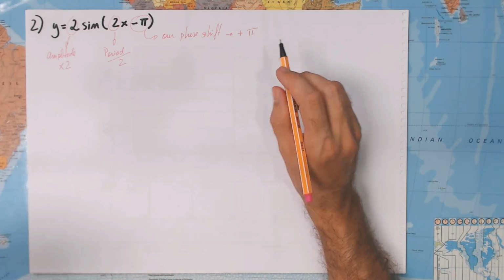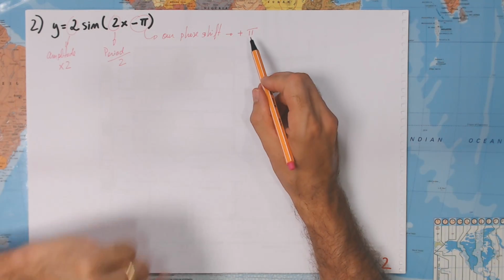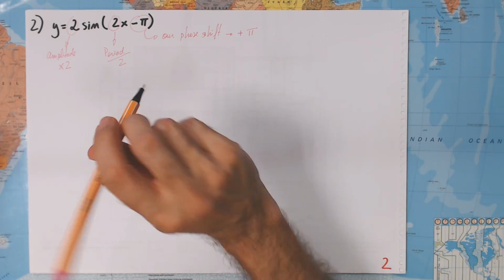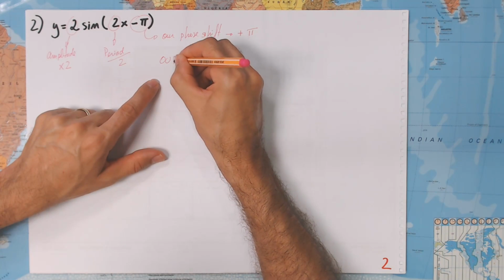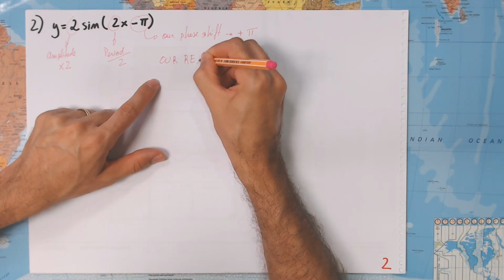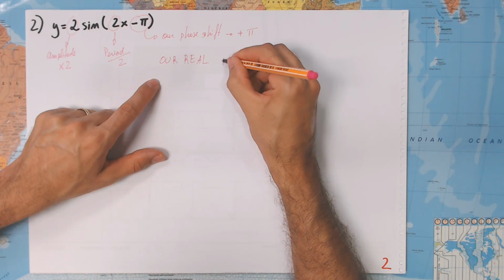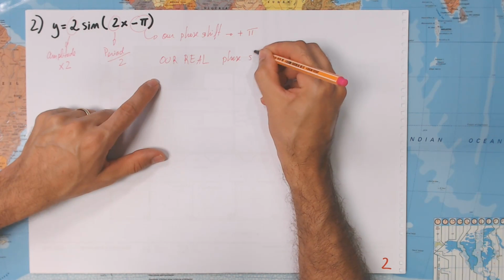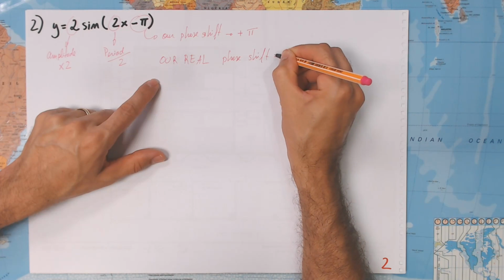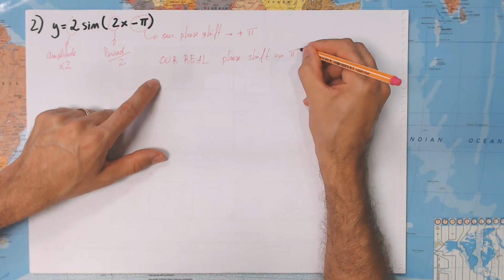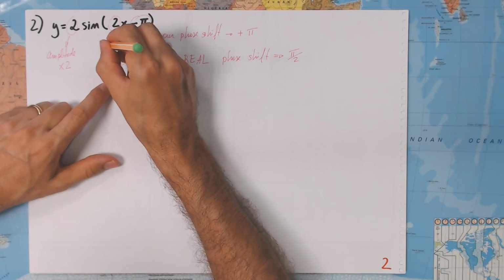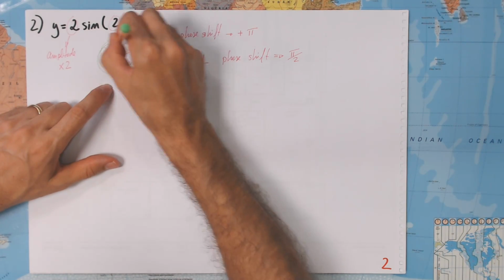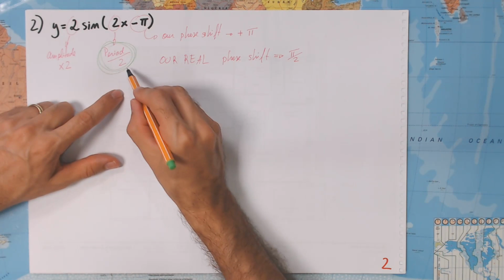So our real phase shift is not going to be pi, okay? Our real phase shift is going to be pi divided by 2. And why that? Because look, everything is being divided by 2.